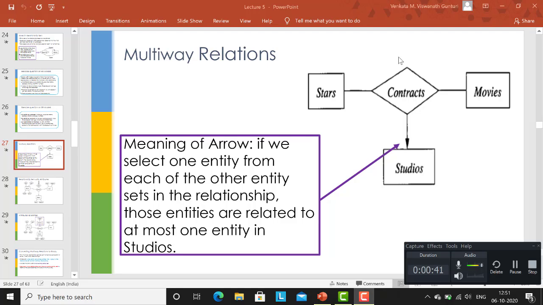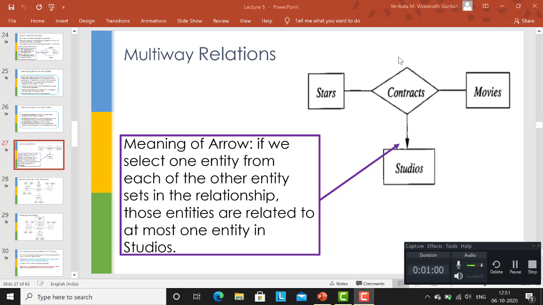So now if you were to convert this contracts relation into a table, you will have the primary key from stars, movies and studios. Each tuple will have the primary key from stars, movies and studios, right?